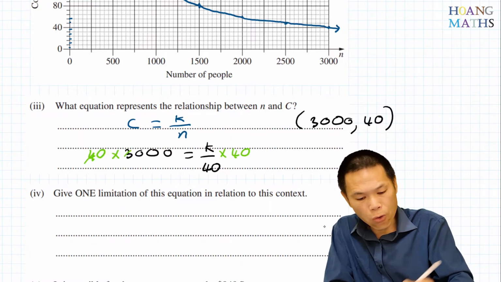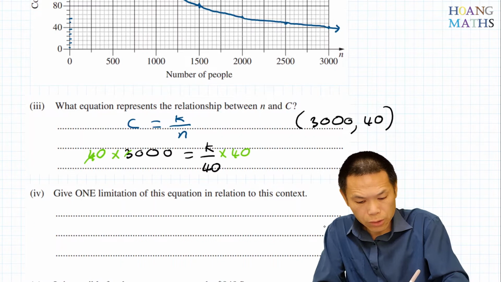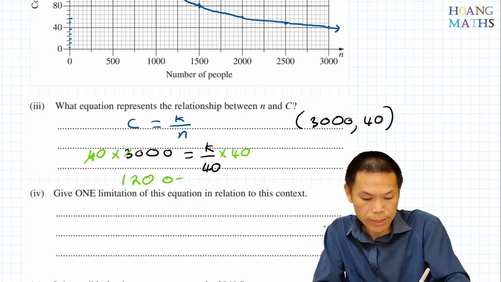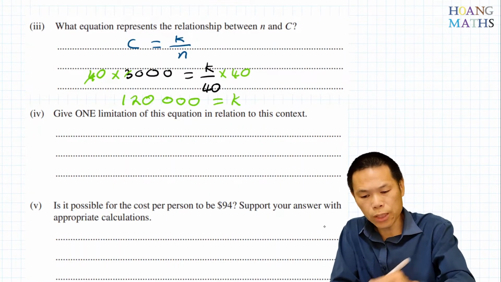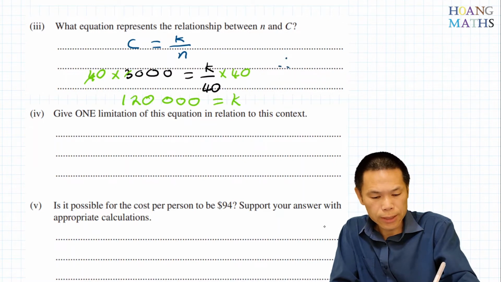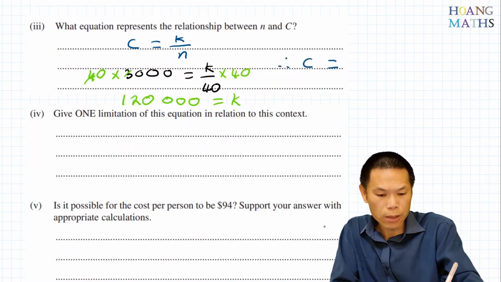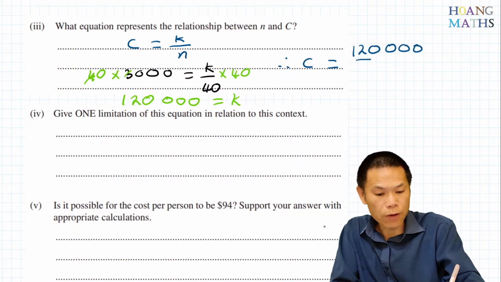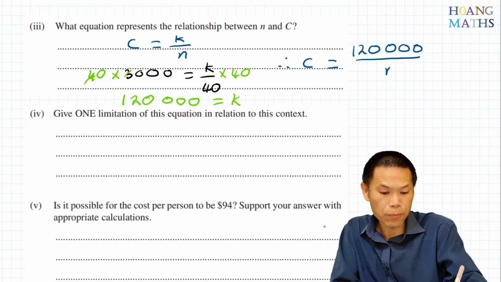So 3 times 4 is 12, and then we have 4 zeros. 120,000 equals K. So now the rule is, therefore, C is equal to 120,000 divided by the number of people, N.